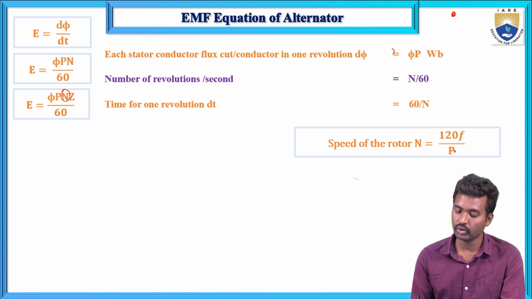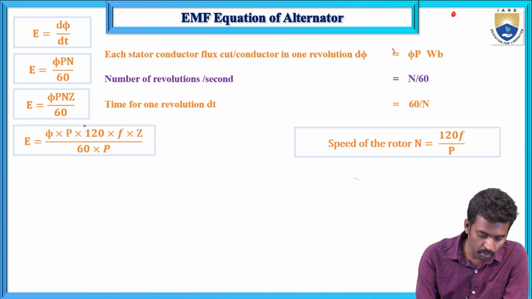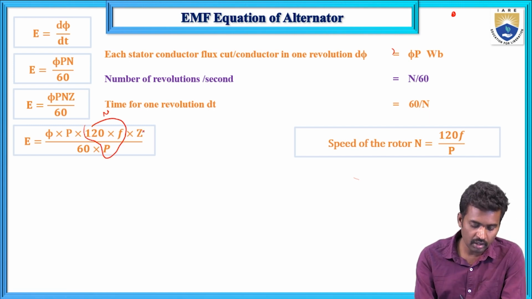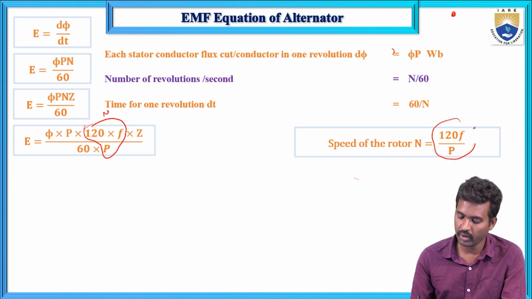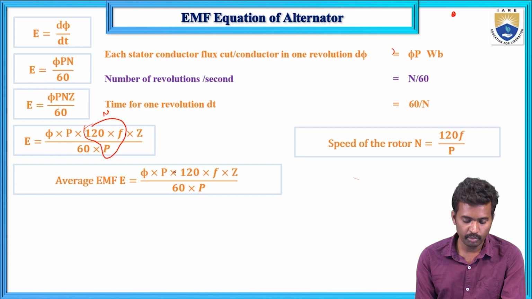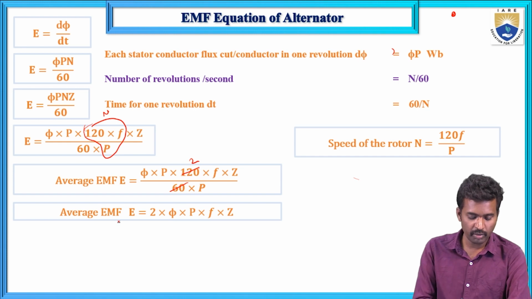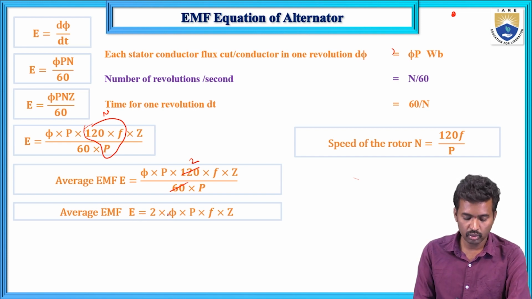The synchronous speed depends on the frequency and the number of poles. If we substitute N equals 120 f by P in phi P N Z by 60, the P cancels, and 120 by 60 gives the factor 2. So the average EMF is E equals 2 phi f Z. This is the average EMF per turn.